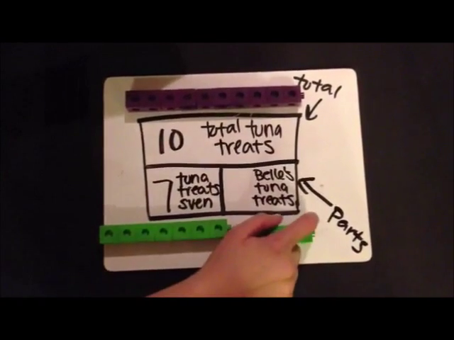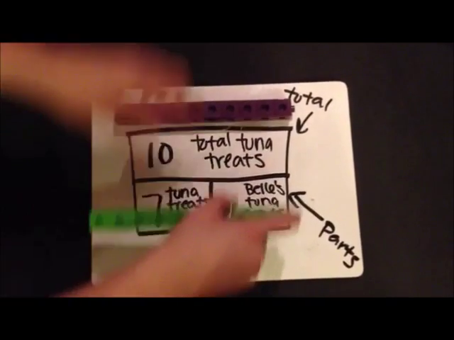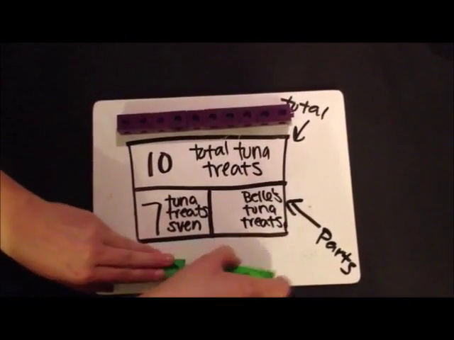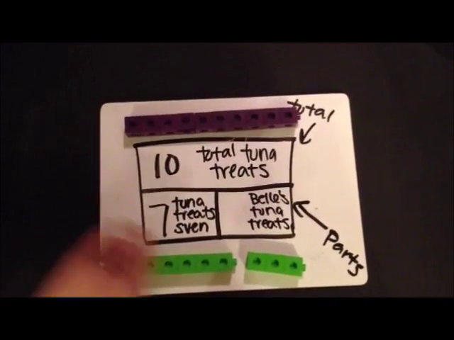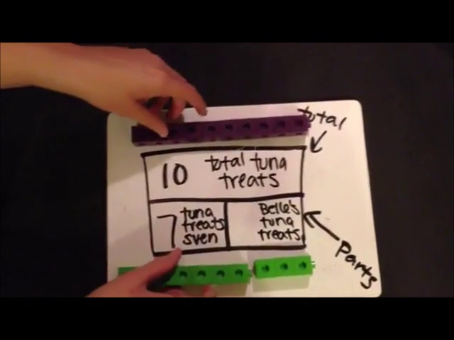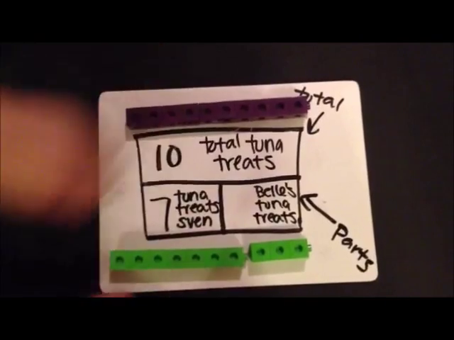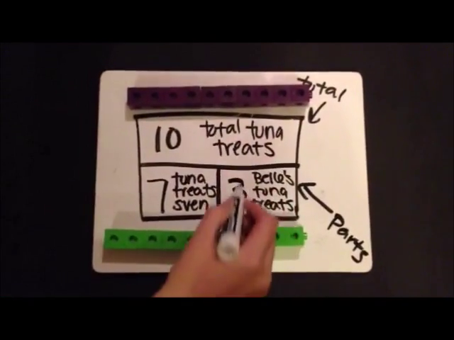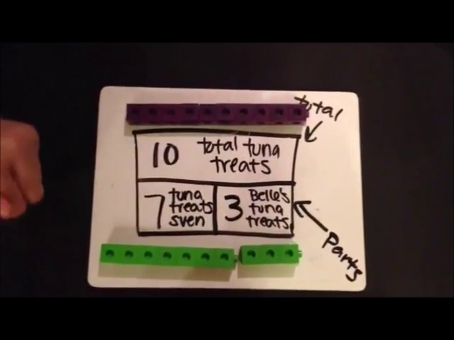And we know that the leftover, since they have to be equal to the total, would be Belle's treats. And so our 7 for Sven plus our 3 left over for Belle would be equal to our total tuna treats up here. And so we would write that right there, and that would be your student's answer.